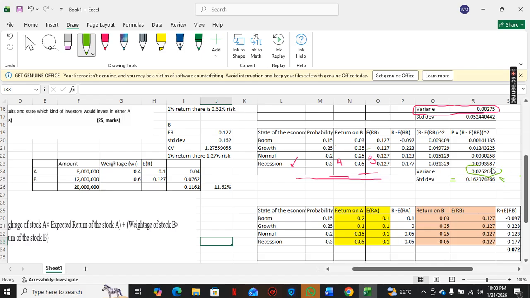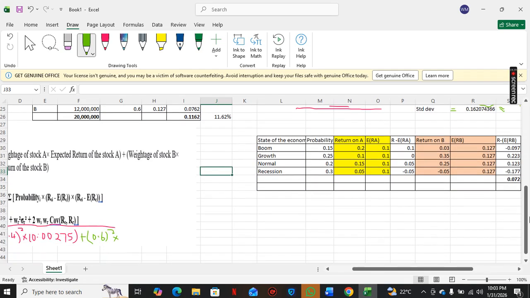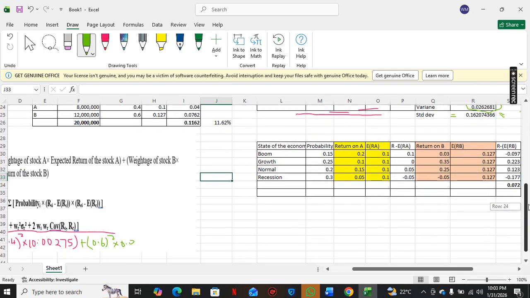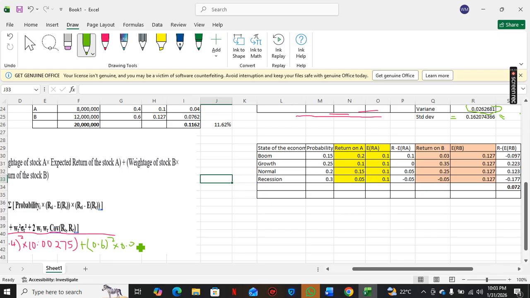For this standard deviation, you can just square it. 0.162, you square it, you still get 0.0262.